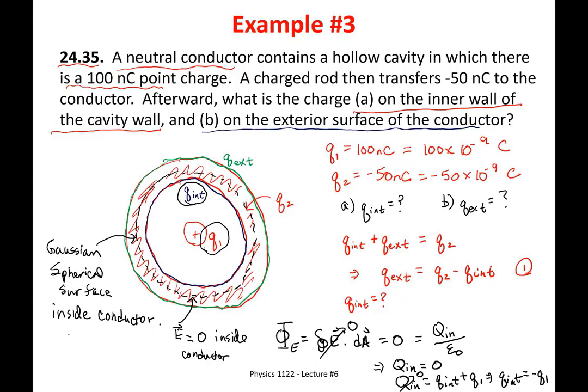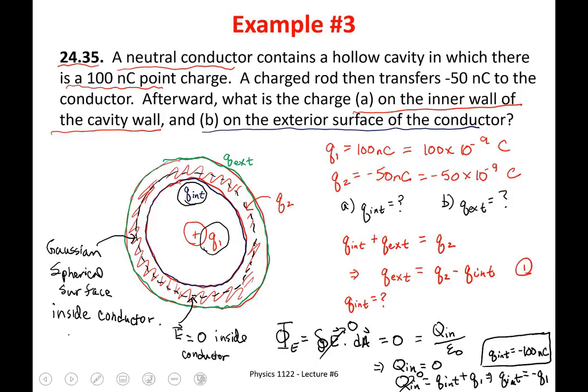So Q interior is equal to negative 100 nanocoulombs, plugging in the value of Q1 that we have. That means I have a positive charge at the center, equal to plus 100 nanocoulombs.